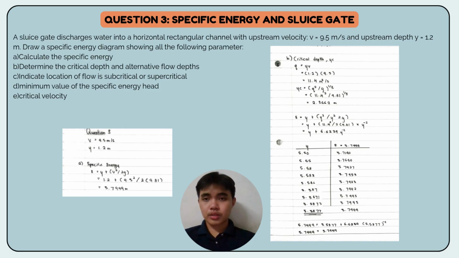For question 3, we must calculate the specific energy, critical depth, alternative flow depth, indicate whether the flow is subcritical or supercritical, and find the minimum value of specific energy head and the critical velocity.